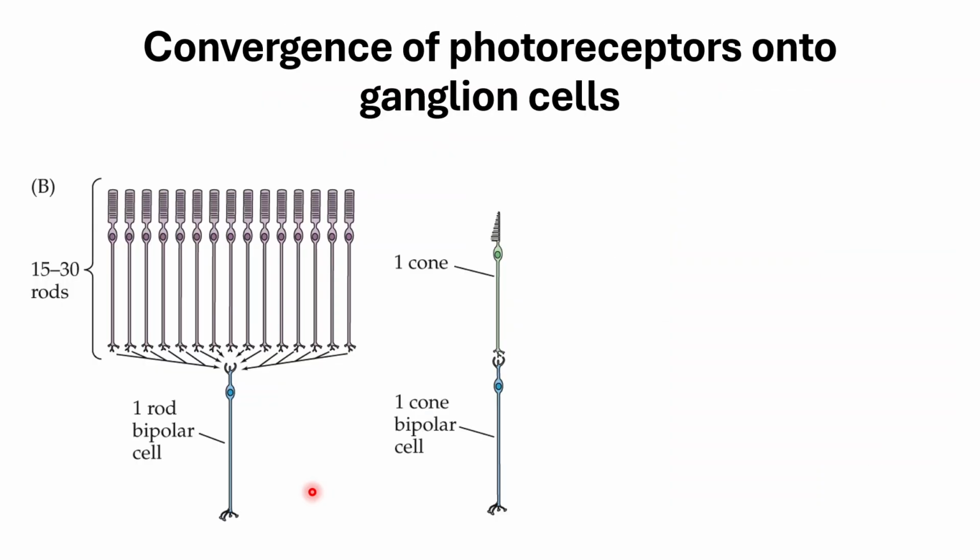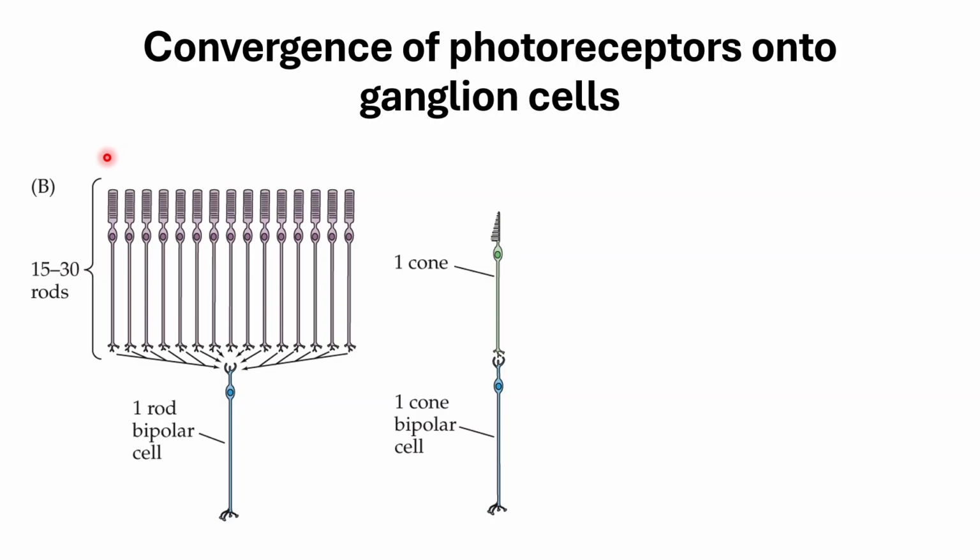Okay. So I mentioned convergence. This is what I mean by convergence. So rods, typically the way that they get organized, because of the way that they're located within the retina, which I'll talk about in a moment, is that you have many, many rods talking to one bipolar cell, which means that this bipolar cell is collecting the light information of lots and lots of rods.